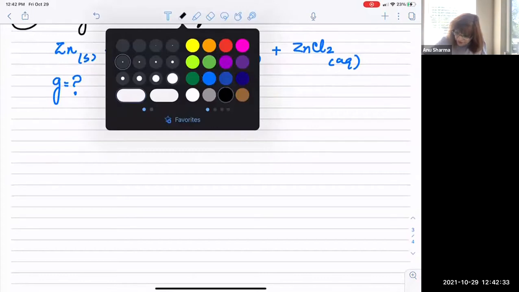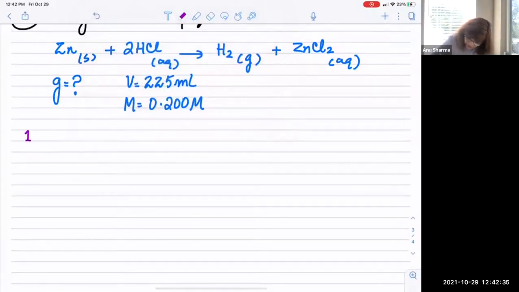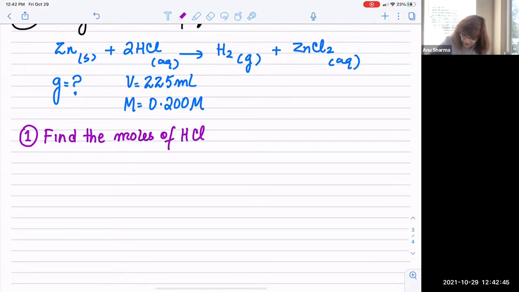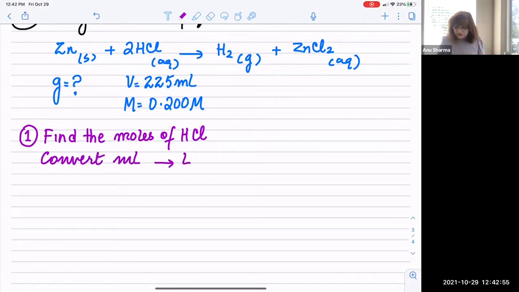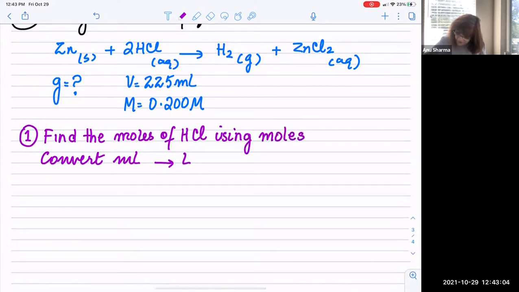First of all, you are going to find the moles of HCl, and also convert the milliliters to liters, using moles equal to molarity times volume.